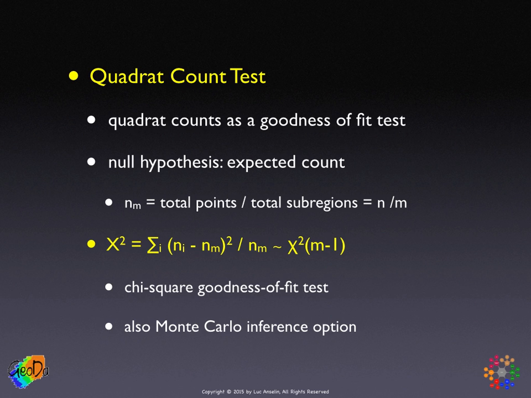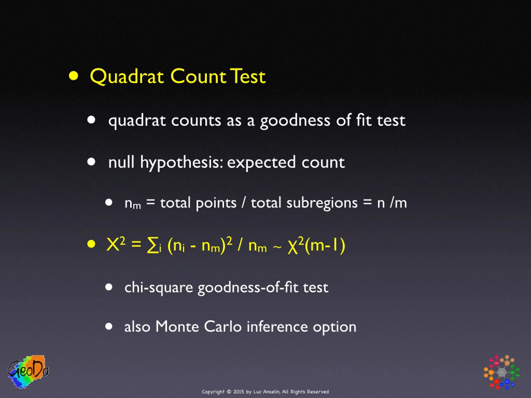We just simulate the pattern under the null hypothesis of constant intensity and then compare that to the actual observed pattern and recompute the chi-square test multiple times and then assess whether the observed value is extreme relative to this reference distribution. We'll revisit this rationale later when we talk about spatial autocorrelation as well.